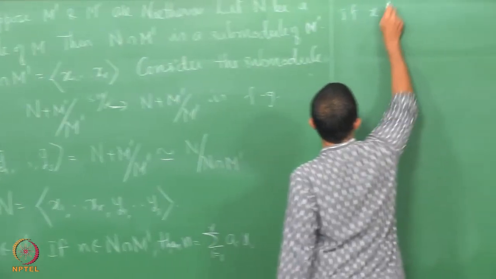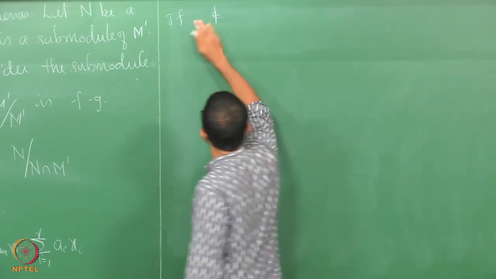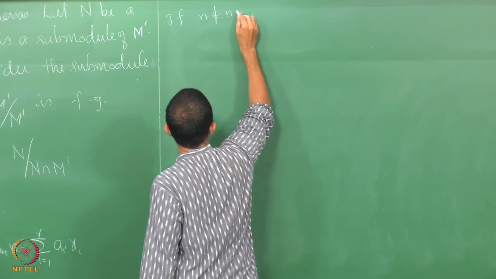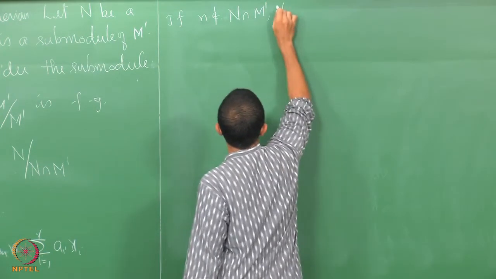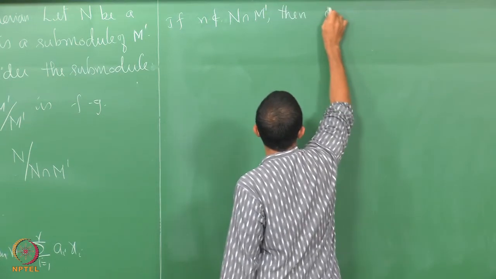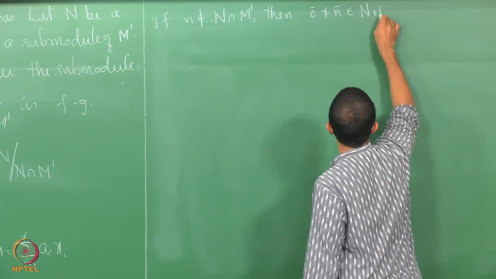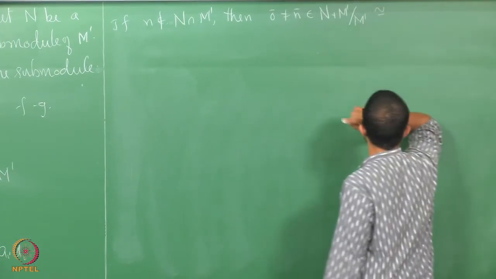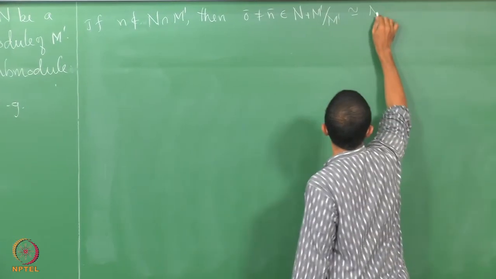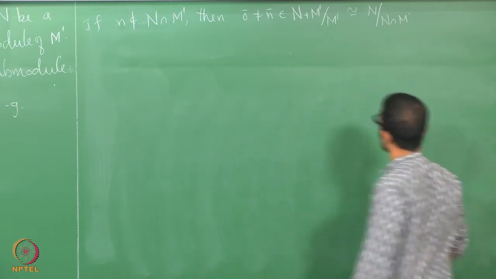If n is not in N intersection M', then this is non-zero in (N plus M') mod M', which is isomorphic to N mod N intersection M'.